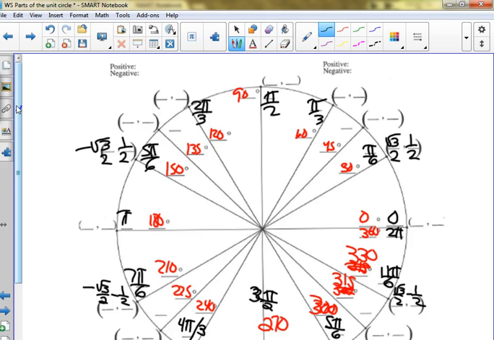Okay, this one went over only 1/2. Why am I not getting up square root of 2 over 2? I don't have room.